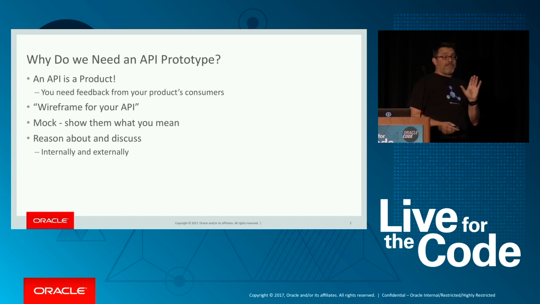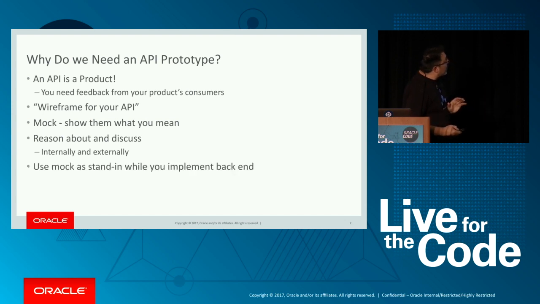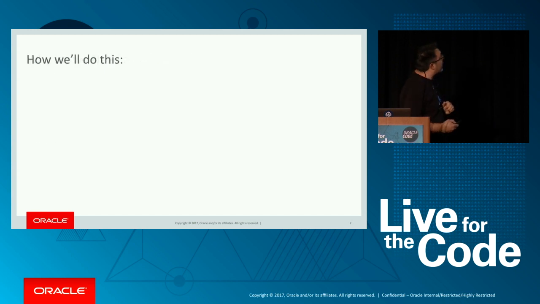So once we have figured out the design of the API, we need a way for other people to look at that design and say, yes, this is what I'm going to code against from the front-end perspective, and from the back-end perspective, this is what I'm going to code and make sure I deliver what was agreed on as a final product. So the best way to do that is use that mock of the API as a stand-in while you implement the back-end, but also while the front-end people are implementing their front-end design.